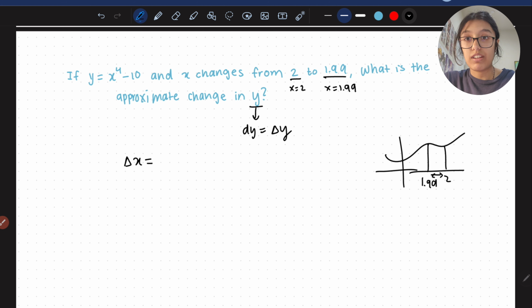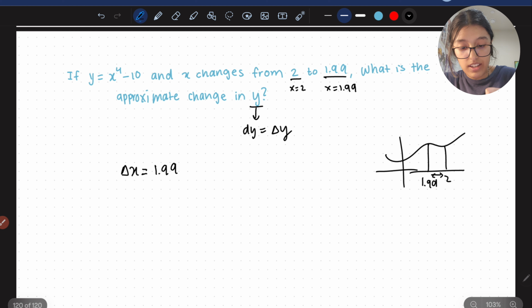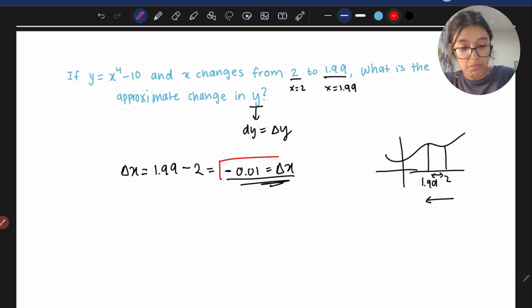We do final minus initial: 1.99, and our initial value was 2 because we went from 2 to 1.99. So now we have 1.99 minus 2, which is just negative 0.01. It's very important to remember that negative. So this is our delta x, and that's going to be quite important, so I'm going to box that in red.